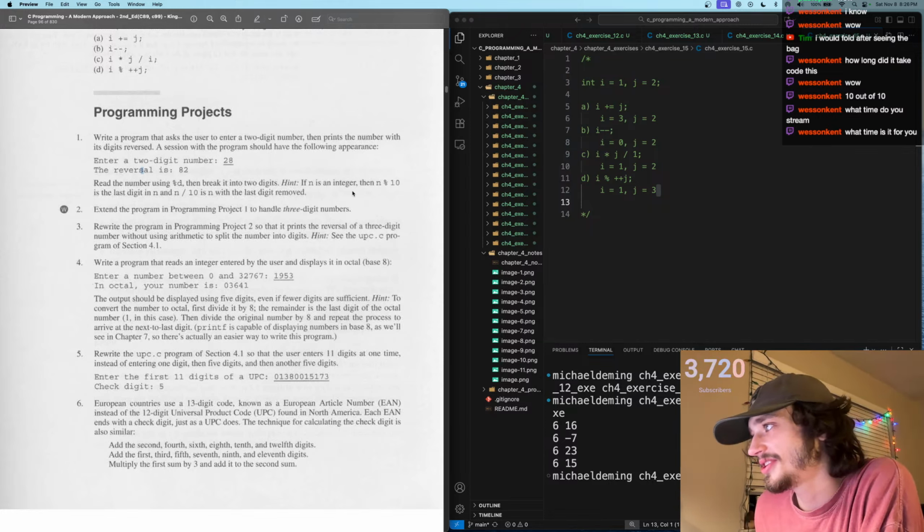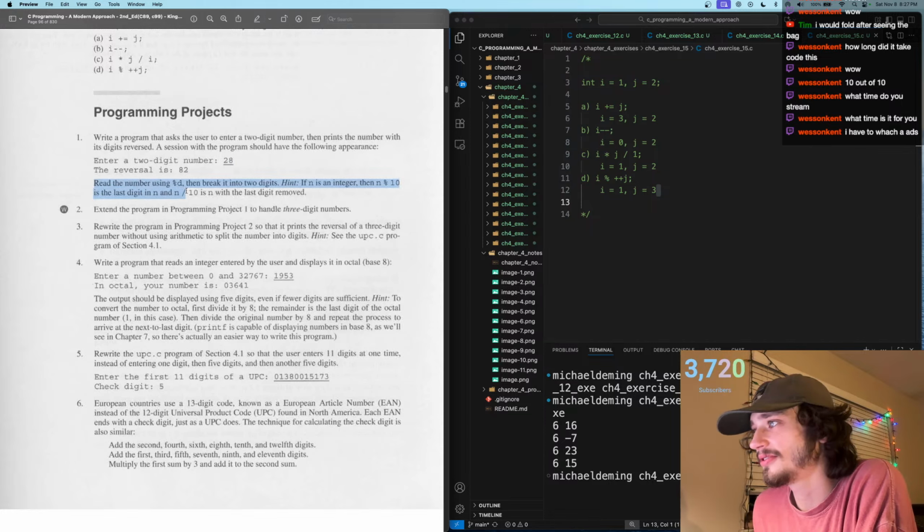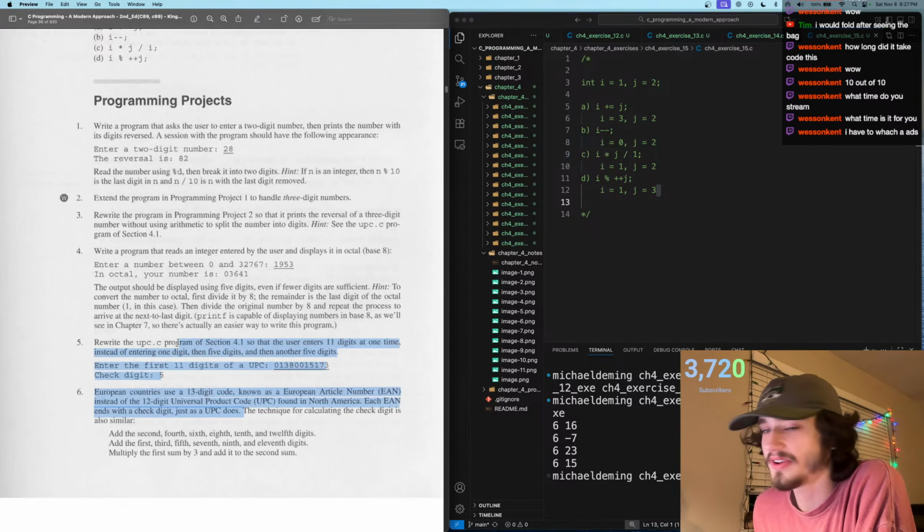So it wants us to use modulo to actually break the values into their denominations, or magnitudes. So that'll be fun to do. To handle 3 digits, right at the bottom. Cool. This one will be fun to take care of.